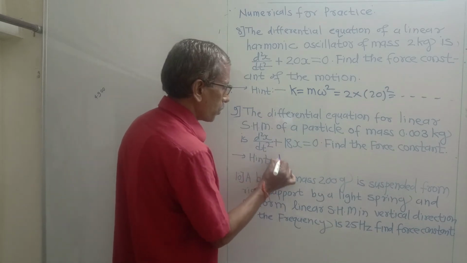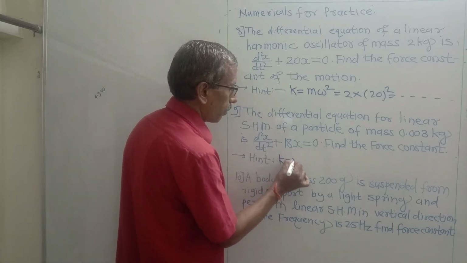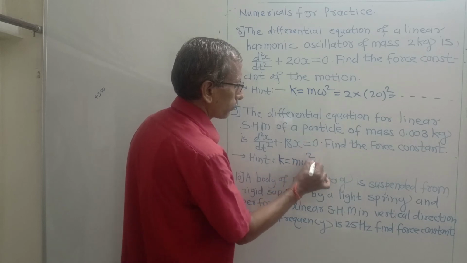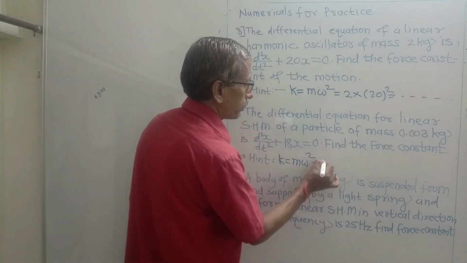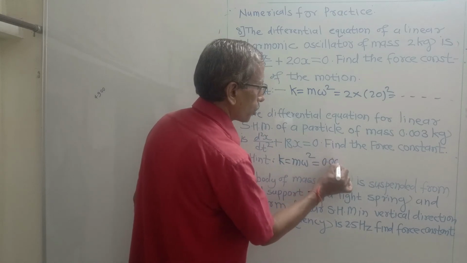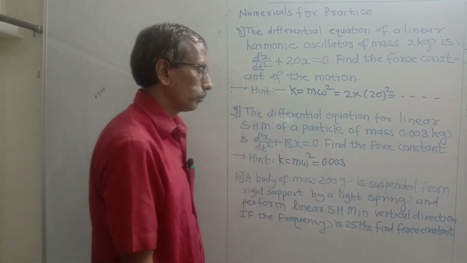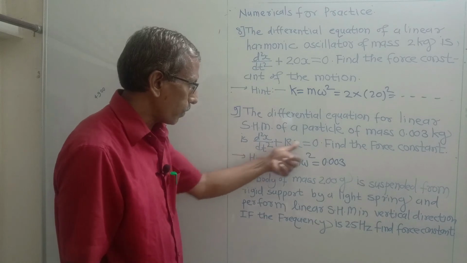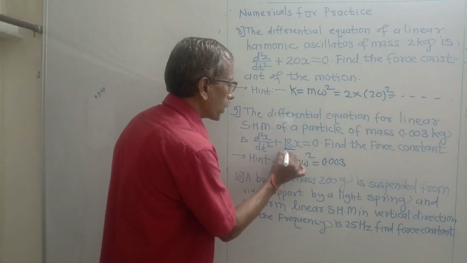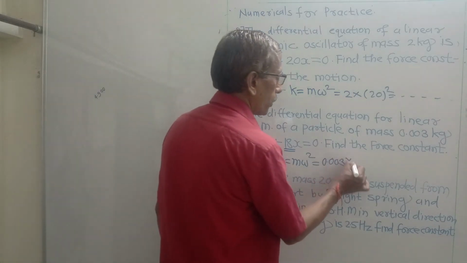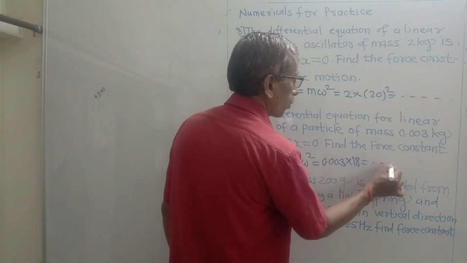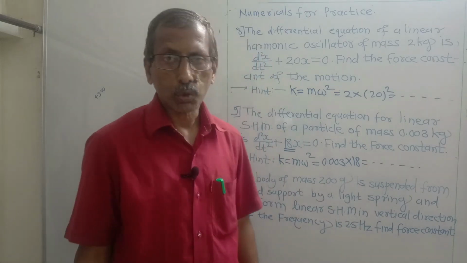Differential equation is given, so K is equal to m omega square. What is the value of m? 0.003 in kilogram. What is the value of omega square? Value of omega square is the coefficient of x. So 18. So into 18. So find your final answer and give the proper unit.